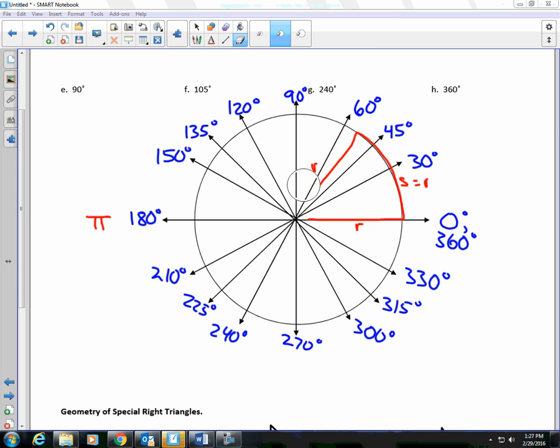But what we'd like to do is give really nice characteristics to some of these numbers up here. So 0 degrees is also 0 radians. How many radians is 360 degrees? 2 pi, right? 2 of the 180s.